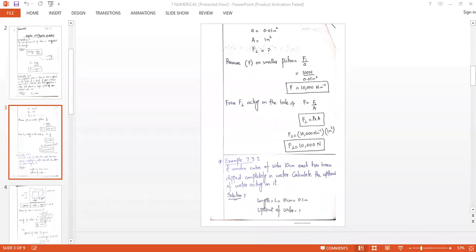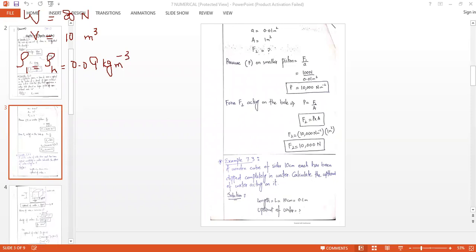So how to start this? W, that is weight, equals 80 Newton, volume is 10 meter cube, rho 1, rho h equals 0.09 kilogram per meter cube.